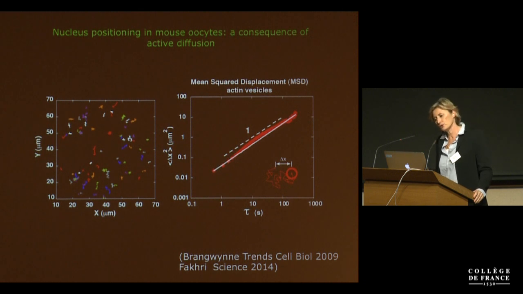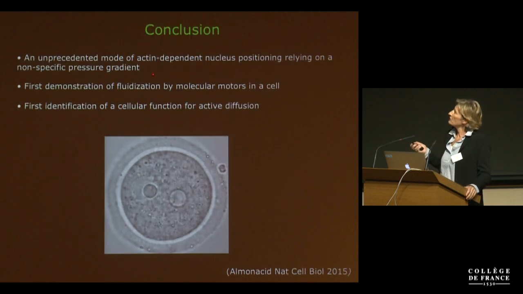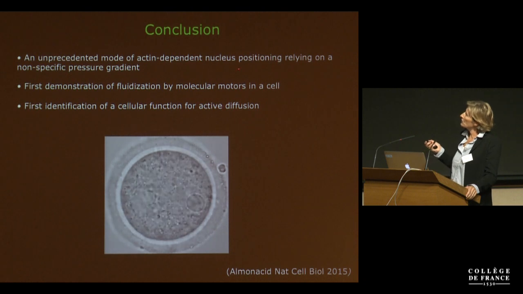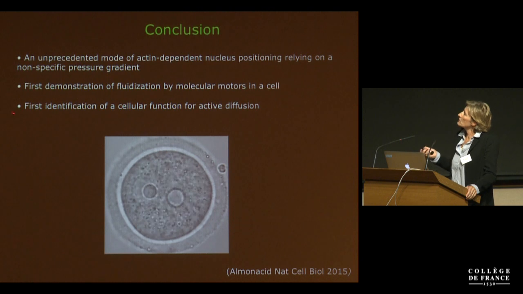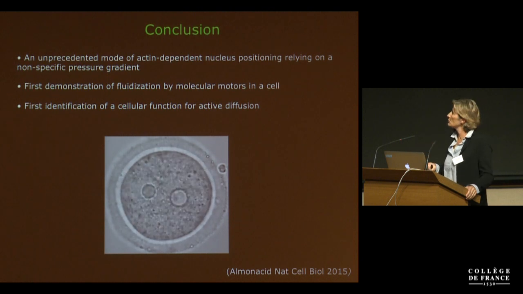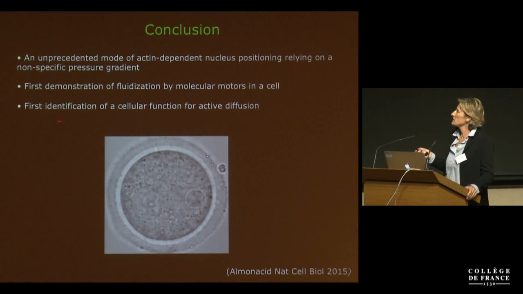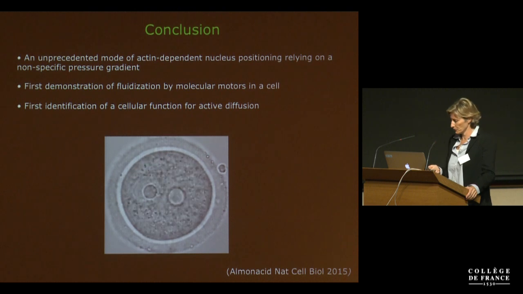Namely, it looks like diffusion, but it's happening at a faster scale. So, in conclusion, we have discovered a novel mode of actin-dependent nucleus positioning, which relies on a non-specific pressure gradient. This is the first demonstration that a molecular motor is able to fluidize the cytoplasm of a cell. And also, this is the first identification of a cellular function for active diffusion.